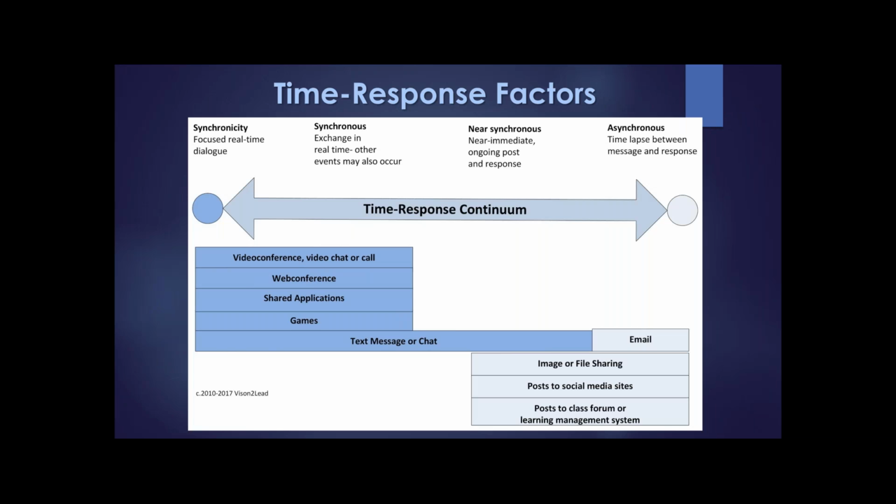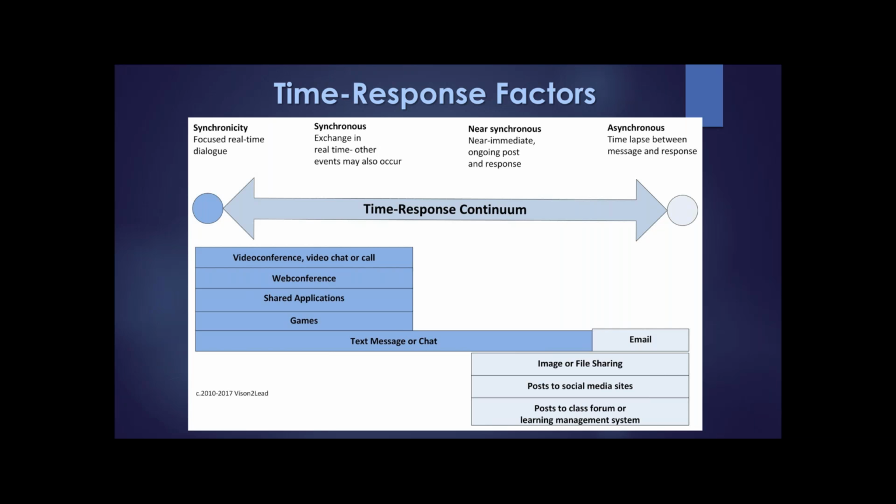When we start to think about how we're going to communicate with participants, one of the things we need to think about, in terms of not only the kind of interaction we're going to have but the tools we're going to use, is what kind of response time we want.